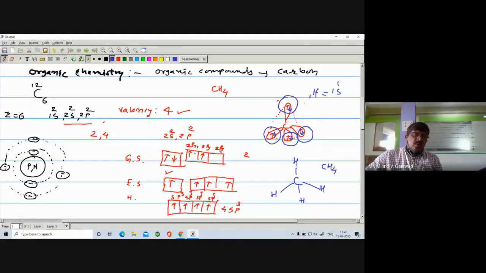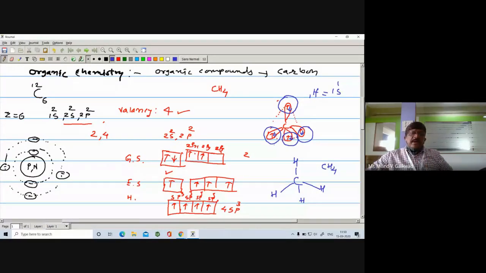So there are only 2 unpaired electrons, so we should say the valency is 2, but actually the valency is 4. What is meant by valency? The combining capacity of an element is called valency, right? So here the valency of carbon is 4.